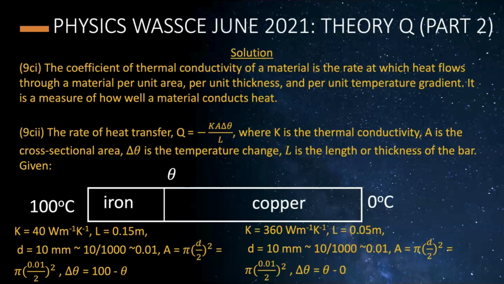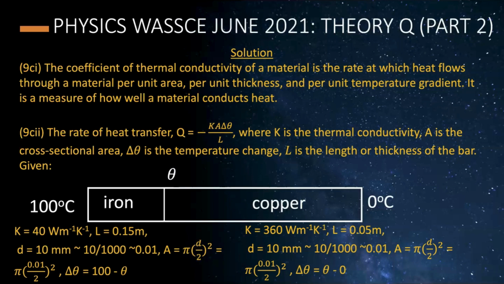All right. Now for copper, you also write out everything given to you. In this case, you have theta, the coefficient of thermal conductivity, the thickness, the diameter, and also the change in temperature. For the copper, you will see that the extreme temperature is 0 degrees, but in between we have this theta.